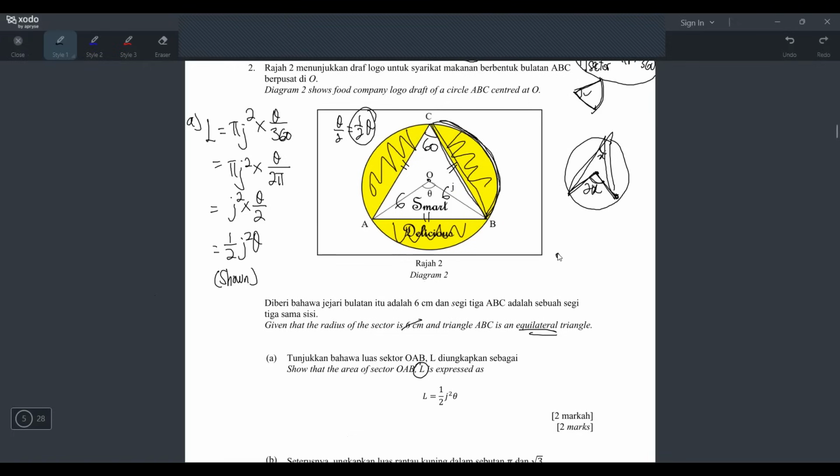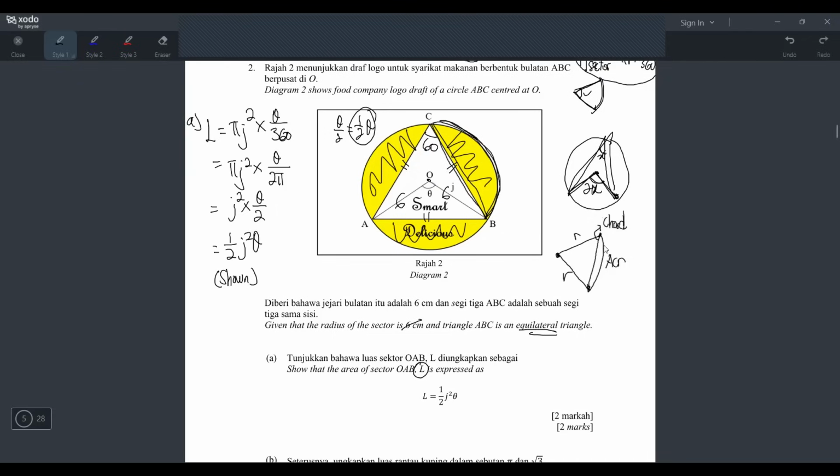What is a segment? First of all, what is a sector? A sector is a shape that consists of 3 lines: two radii and an arc. But what if I draw one line from here to here? Then this line we call the chord. In Bahasa Melayu, we call it perentas.